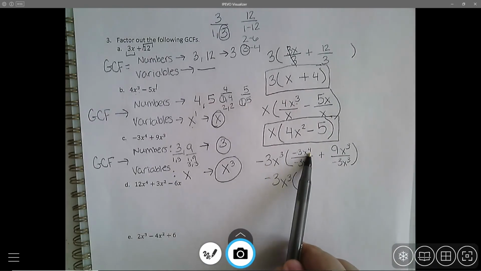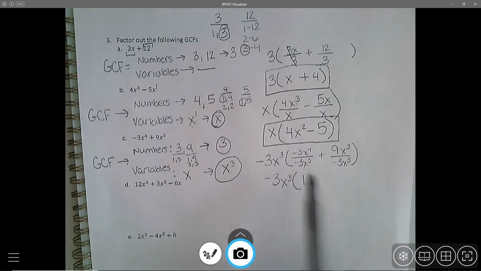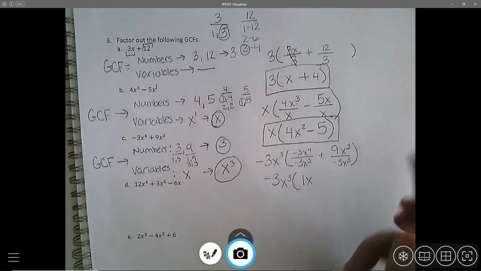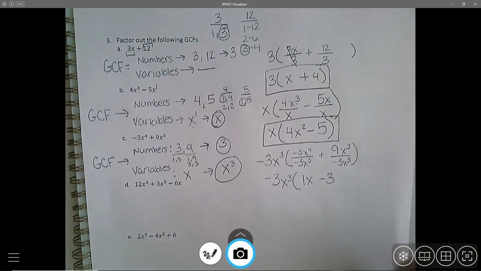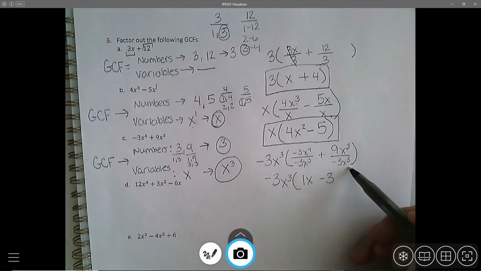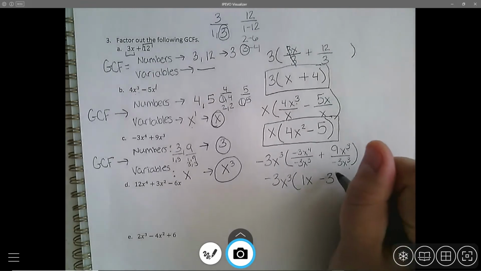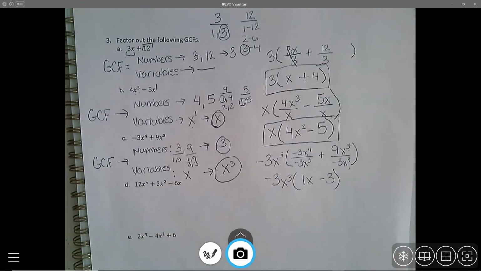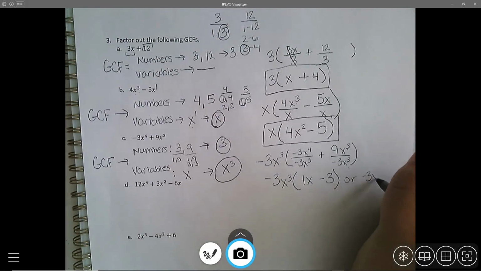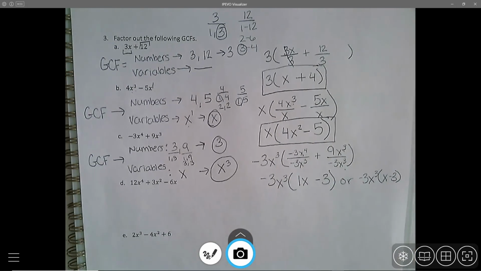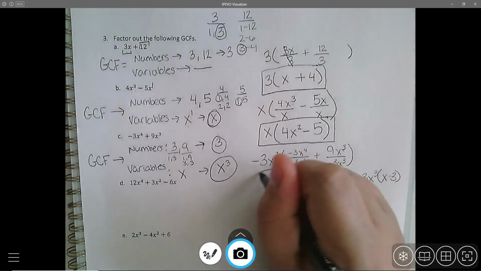I have 4 x's and I want to take away 3, so I'm left with 1x. Okay, +9 divided by -3 is a -3. I have 3 x's, I'm taking away 3, so I have none left. Now, you could write your answer like this, or you could have -3x to the power of 3 times (x minus 3). If you don't want to have that 1 there, you can just write it as x minus 3.